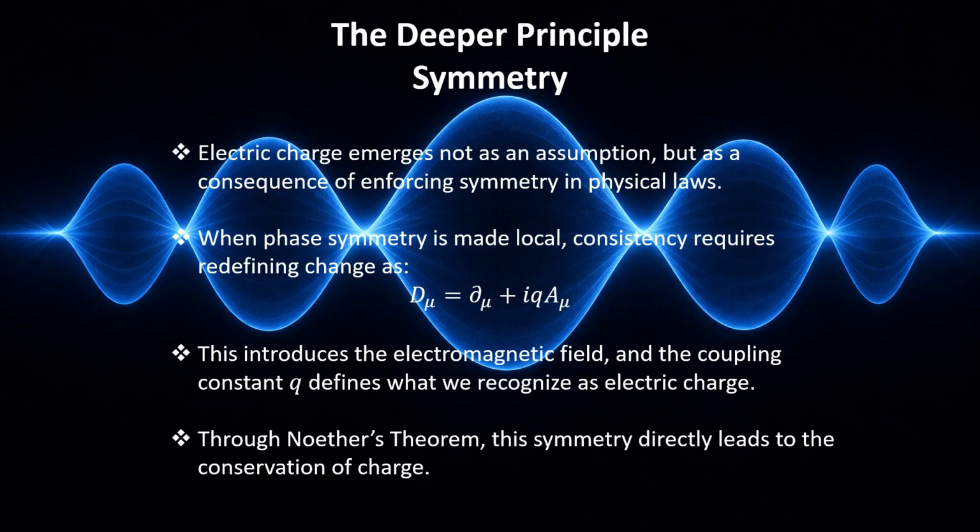The covariant derivative is the partial derivative plus the gauge coupling term i Q A_mu. This modified derivative introduces a field A_mu, which corresponds to the electromagnetic field. The constant Q determines how strongly the particle interacts with this field, and this interaction strength is what we identified as an electric charge. What is remarkable here is that charge is not introduced arbitrarily, it emerges naturally from the requirement that the symmetry must hold at every point in space.